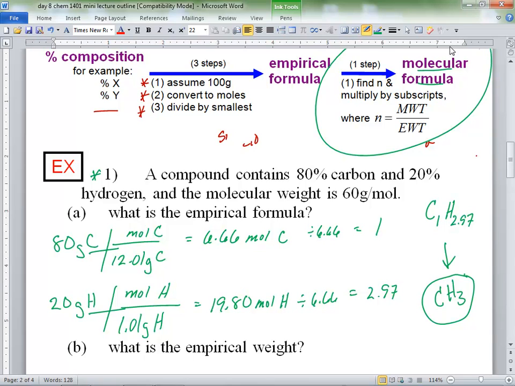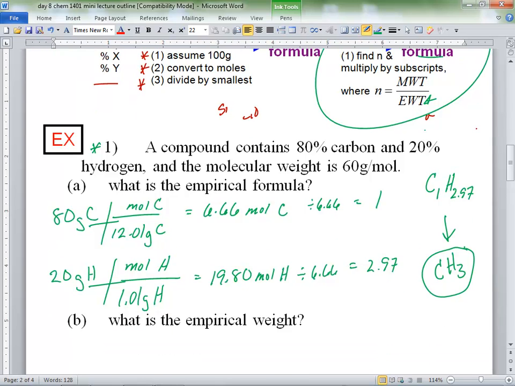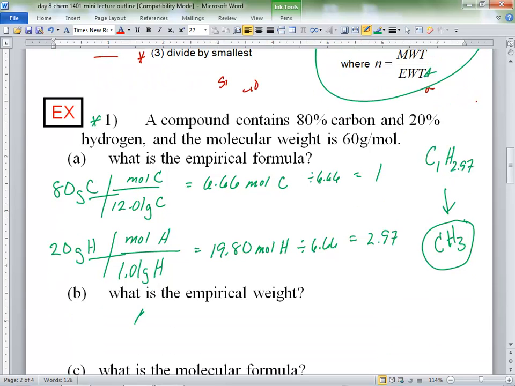What's the empirical weight, right? They want you to get this number. Well, how am I going to get the empirical weight? Erica, what am I going to do to get the empirical weight? Yeah, add how many carbons? 1 of them and 3 hydrogens. Right, so 12.01 plus 3 times 1.01.